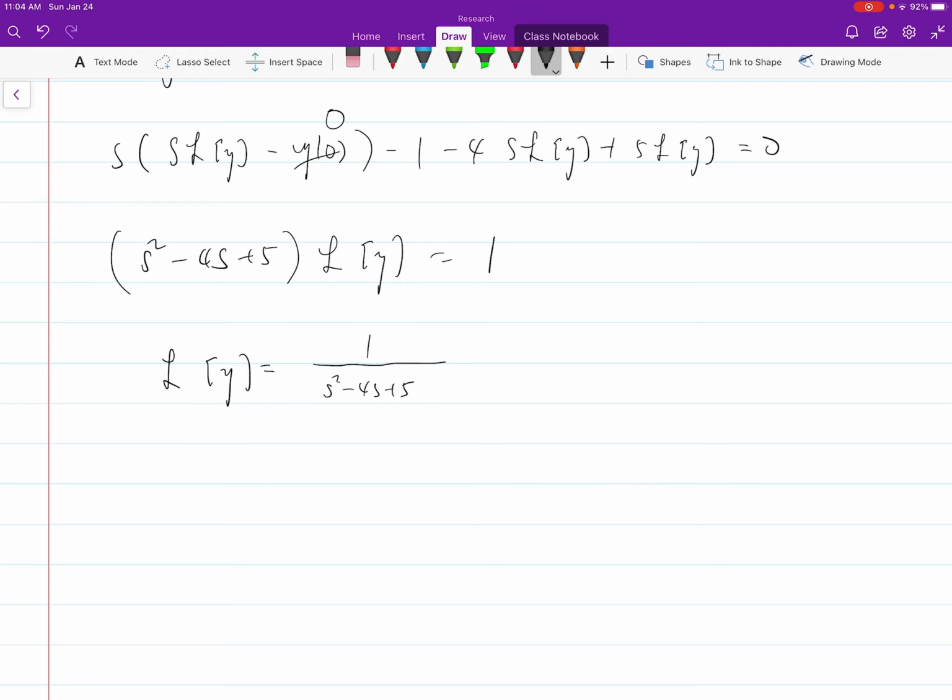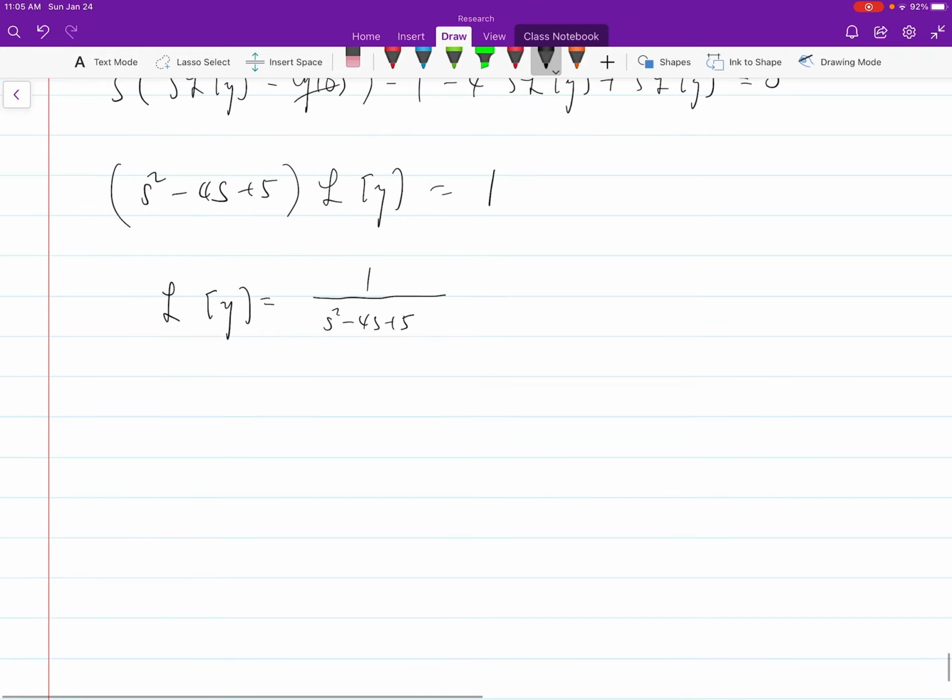Now we want to do partial fractions. How do we do it? Number one, we try to do the linear factor, but we know this is not doable because it's an irreducible quadratic. Then what we can do is complete the square and write everything into this.